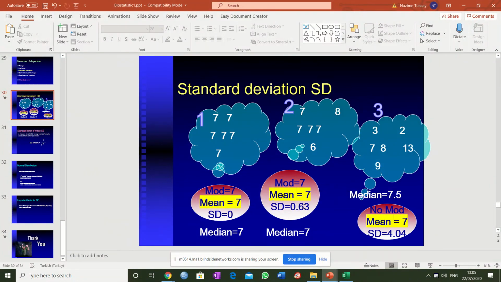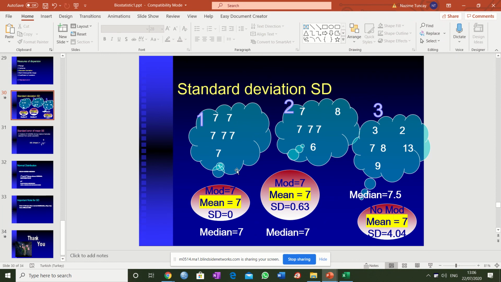It is the difference of our measurements in a group. As I said, I do not want you to calculate it. You only have to know how to calculate mode, mean, and median by heart. Mode is the most repeated value. Median is when you arrange them in order.